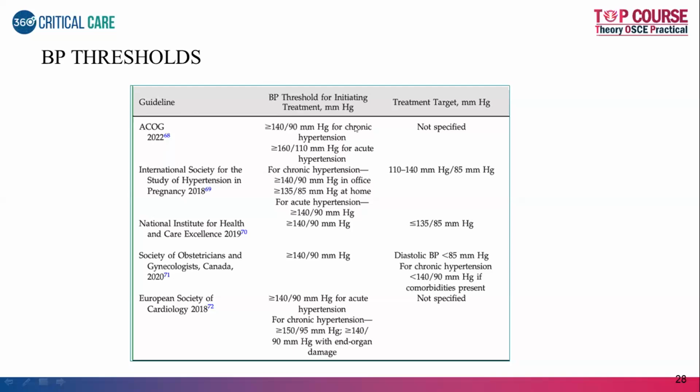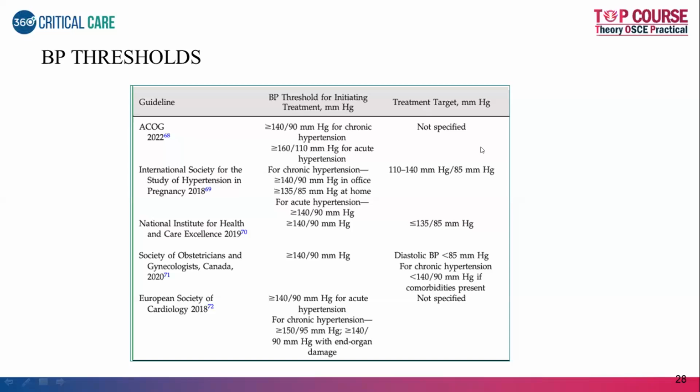For a chronic hypertensive patient, your BP threshold is more than or equal to 140/90. For an acute hypertension patient, the BP threshold is more than or equal to 160/110 mm Hg. But the treatment target, till how much you should bring the BP down, has not been specified by ACOG.